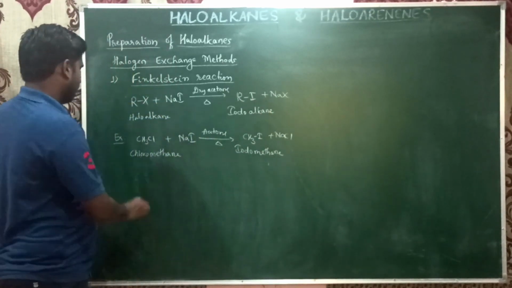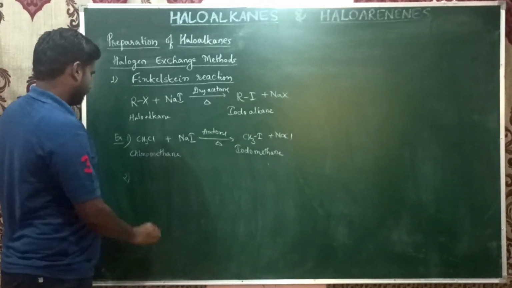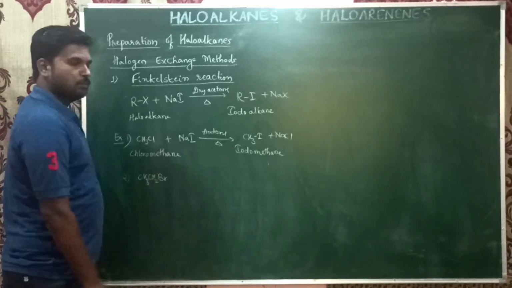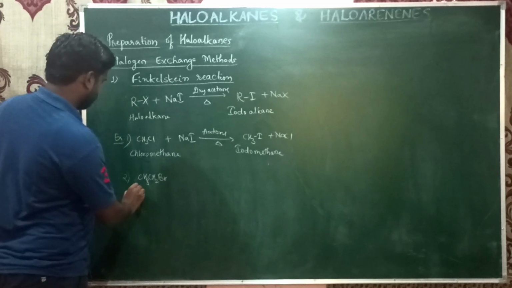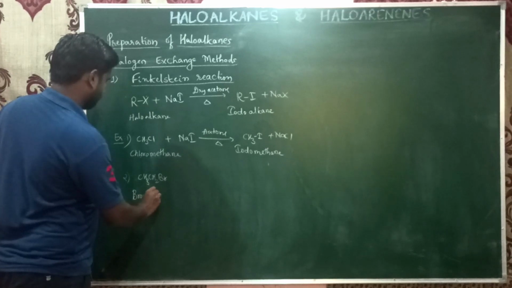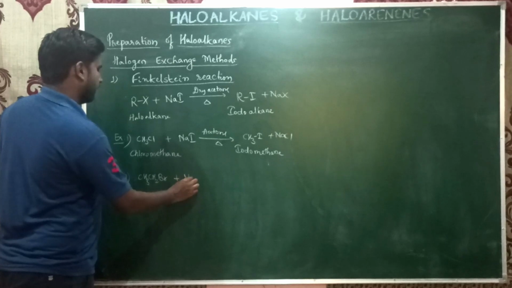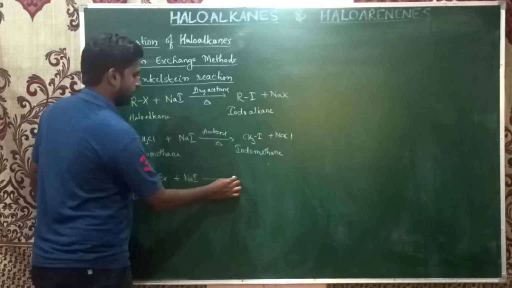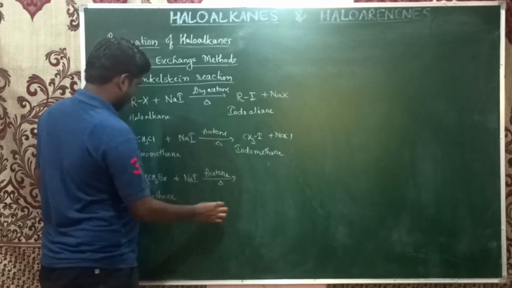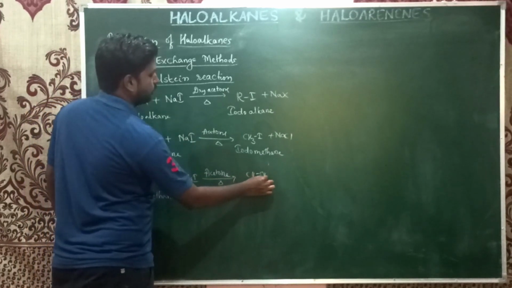Okay. The same way, if you have a bromide also, it can be converted into an iodide. So for example, CH3CH2Br, bromoethane or ethyl bromide, when it is heated with sodium iodide in acetone, it is going to convert into ethyl iodide, CH3CH2I.